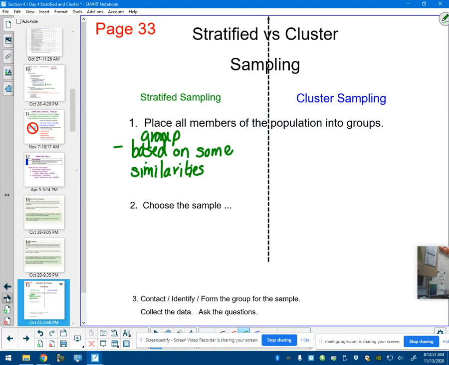So in this class, I could do it based on juniors, seniors, and sophomores. That would be a similar characteristic you have. For cluster sampling, it's going to be based on location. Usually, the groups are based on location.